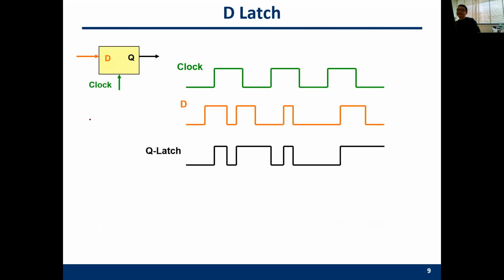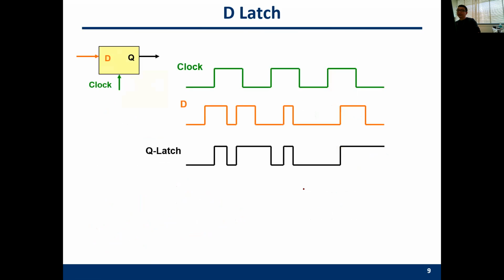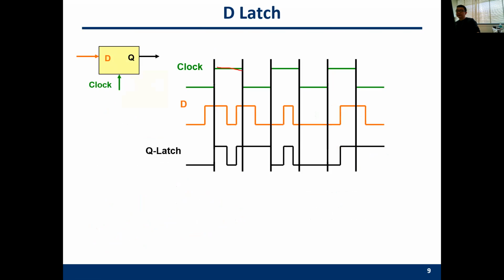So let's see some waveforms of the D latch. We have a clock here, and we have the input like this. So back to here, when the clock is low, it just holds. When the clock is high, it's transparent.